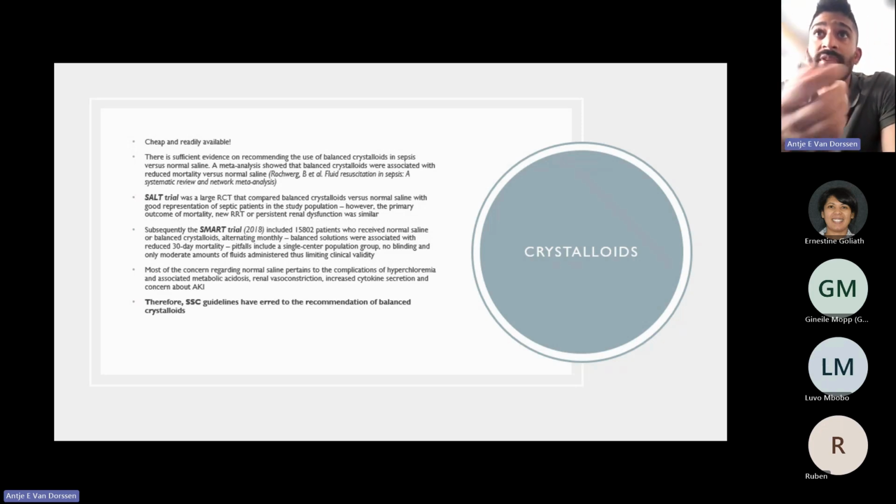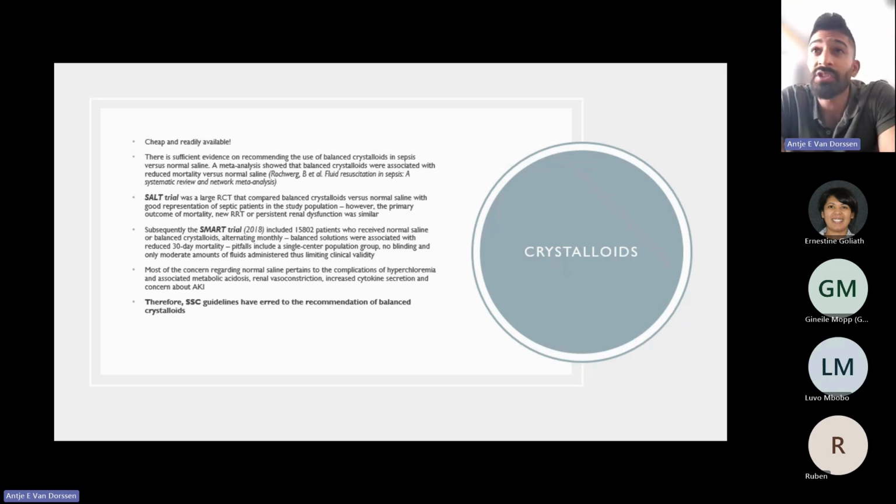And why this study was relevant is that they had quite a good representation of septic patients in the study population. However, their primary outcomes of overall mortality, new renal replacement therapy, as well as persistent renal dysfunction was actually similar, which was not their null hypothesis.